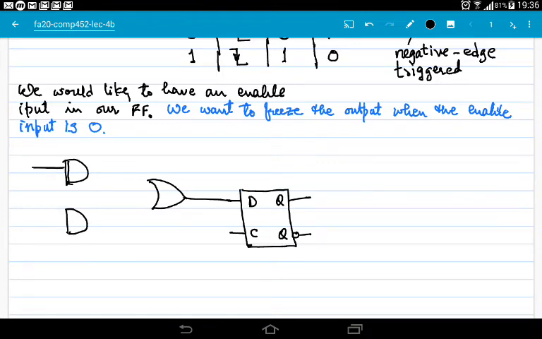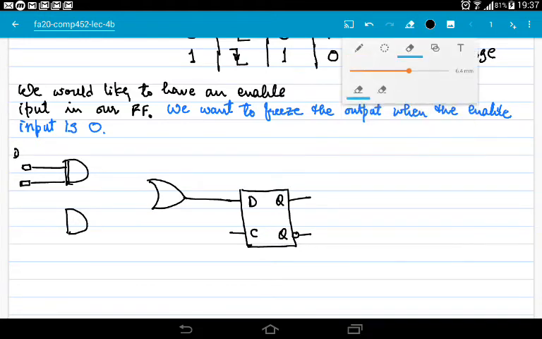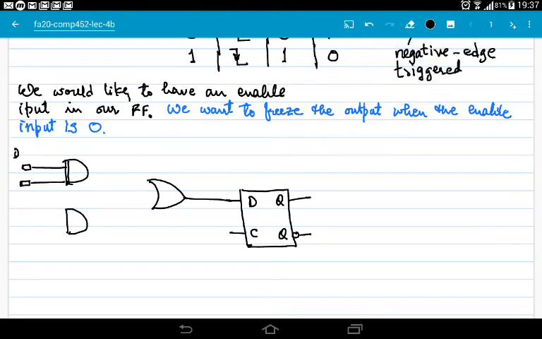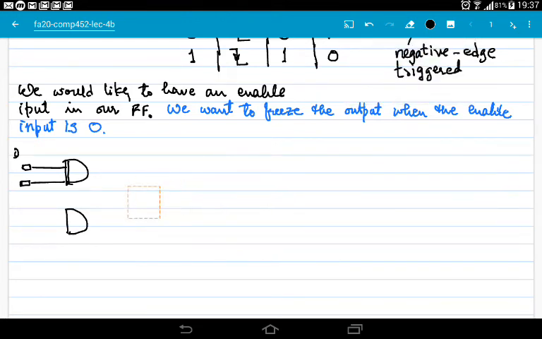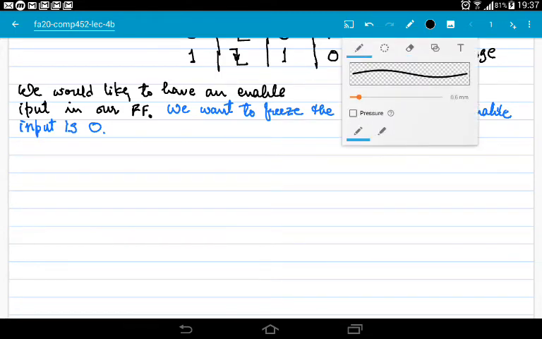The first AND gate is the D input, and the second AND gate, actually, by the way, let me erase this stuff. Let me redraw the figure. There we go.